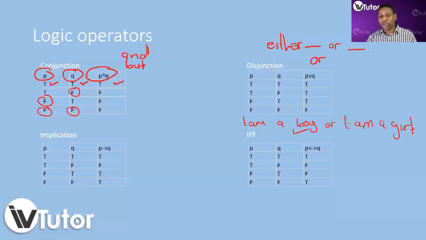Since one is true, the whole statement is true. True here, true there, therefore true. Here I do not have any of them being true, therefore it is going to be false. That is disjunction.